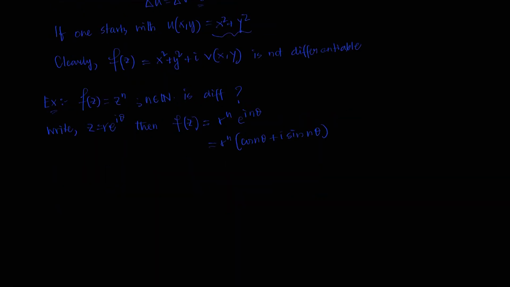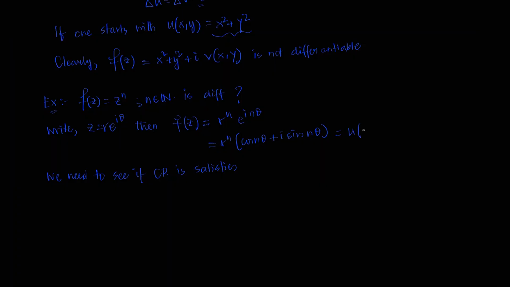Now we want to see whether this particular function satisfies the CR equations or not. So we need to see if CR is satisfied. First of all, the function is no longer in terms of x, y, but in terms of r and theta.